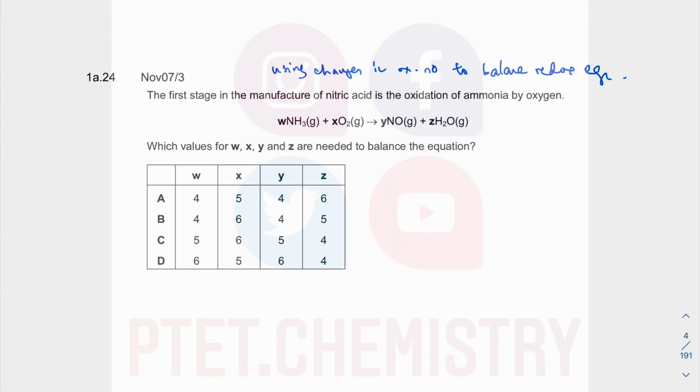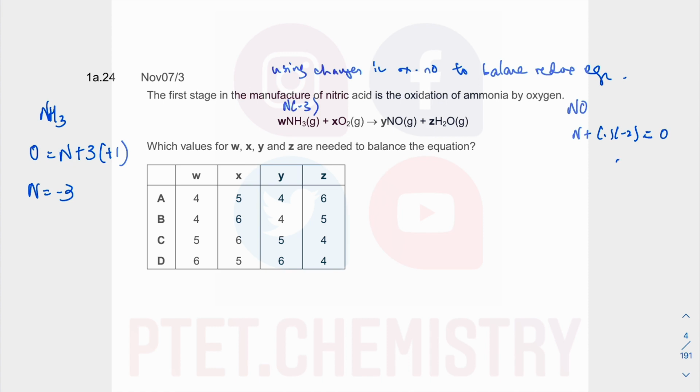If I use oxidation number, which you might not have done in O level, this molecule has no charge, so the overall oxidation number is 0. The nitrogen is what you want to find. The hydrogen is bonded to nitrogen, so the hydrogen is +1. The oxidation number then is nitrogen -3. In NO, you have nitrogen +1 times -2, because the oxidation number of oxygen in a compound tends to be -2 unless it is in peroxide when it's -1.